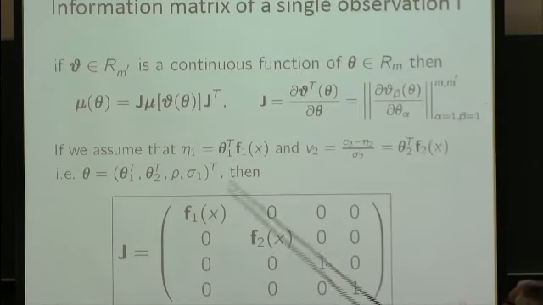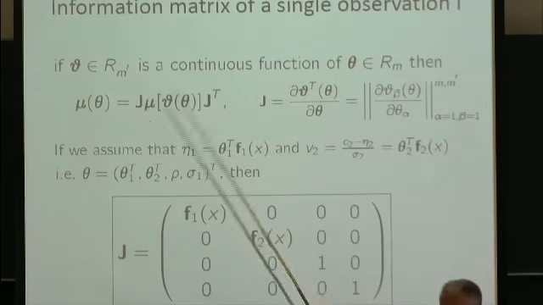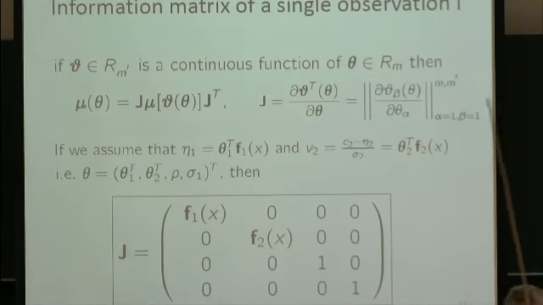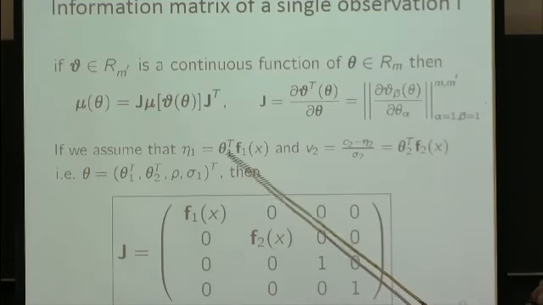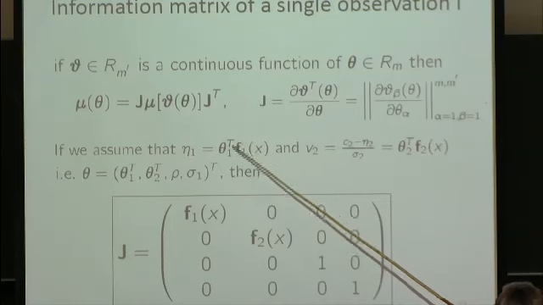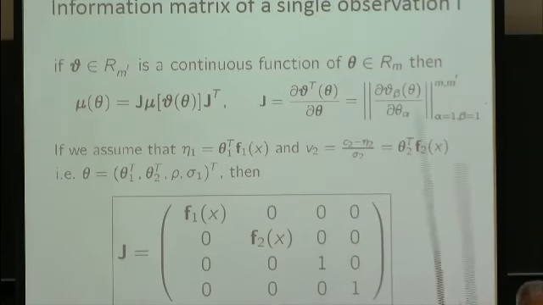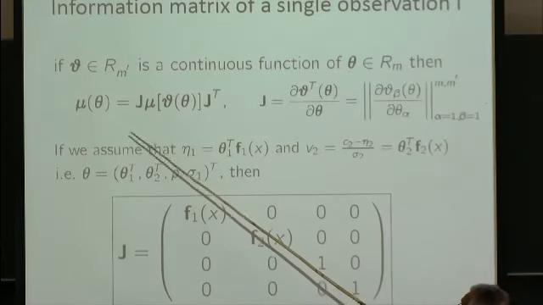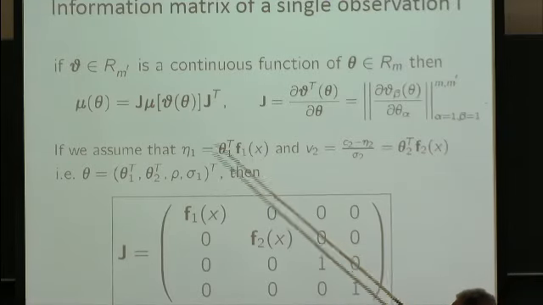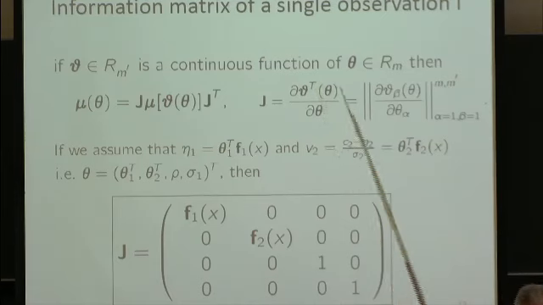And there is a well-known formula for how to get one information matrix from another if you do a parameter transformation. It's nothing else than transforming parameter theta1 to parameter eta1. So I can find the information matrix of a single observation, but already in the space of theta1, theta2, and I still have rho.